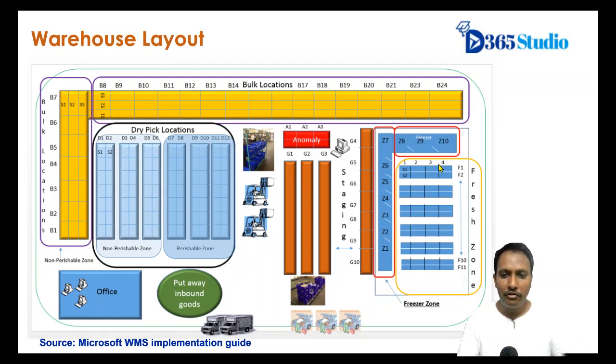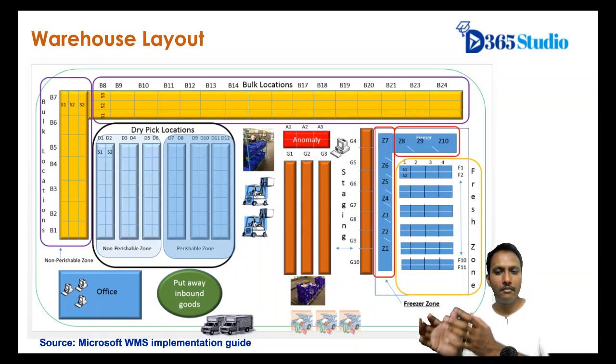And you do have the freezer zones here. As we talked about the example of the dairy products, that is one of the implementations that we did. What we did there was milk, cheese, yogurt or curd. These products are kept in the freezer location, because they have to always be frozen. That is the reason they are kept at the freezer locations.